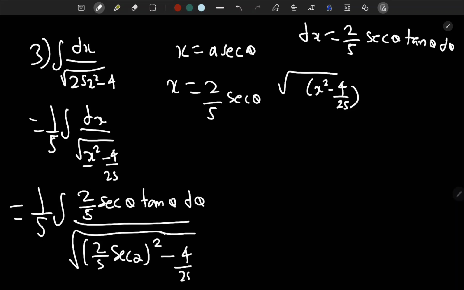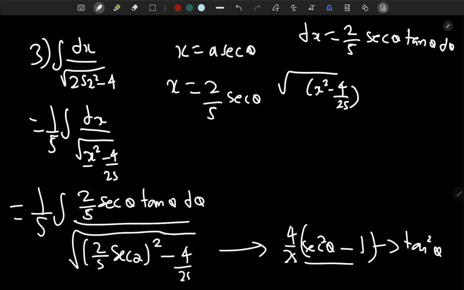So now let's simplify the denominator. So I'm going to do it on this side here. It's going to be 4 over 25 secant delta squared minus 4 over 25, and then you factor 4 over 25 outside. So this becomes secant squared minus 1, and we realize that this is an identity, right? So here this part is equal to tan squared delta, and this entire thing is going to be under a radical, don't forget that.